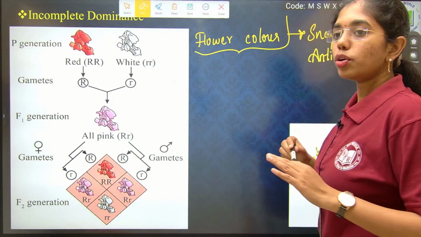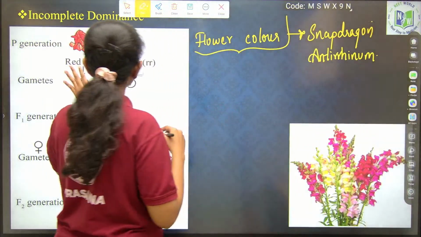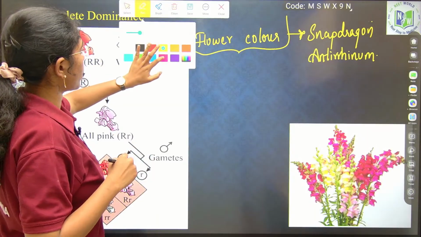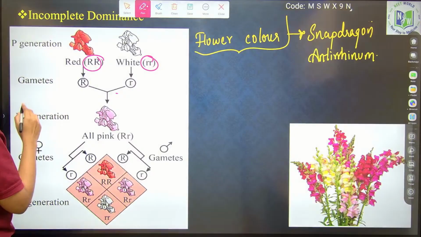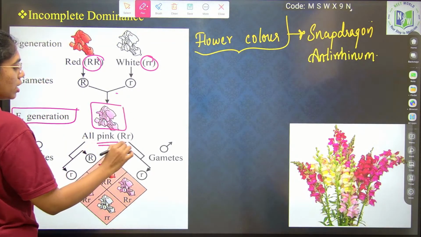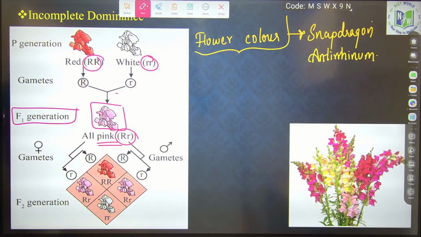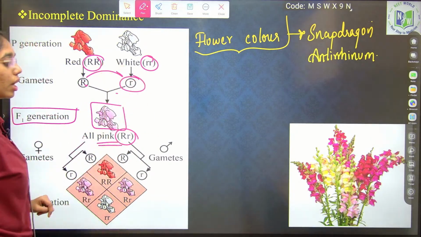Okay, so when two flower colors are considered, red color flower is crossed with white color flower, homozygous red crossed with homozygous white. In F1 generation, you obtain all pink flowers with heterozygous genotype, which means the dominant allele here is not completely masking the effect of recessive allele.